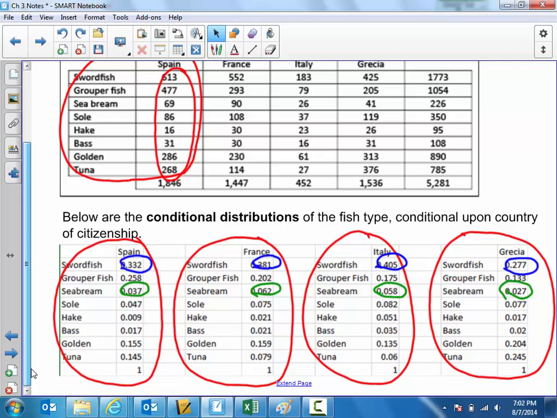And yeah, clearly it did. 0.332 compared to 0.381. Almost 5% more people preferred swordfish in France than they did in Spain.